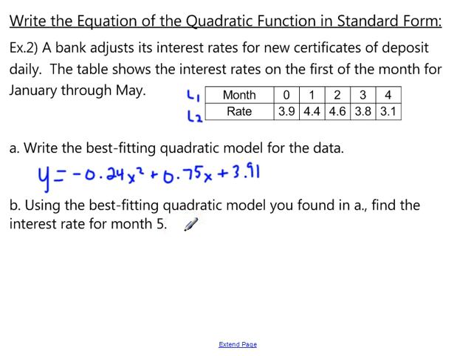It says, using the best fitting quadratic model you found in A, find the interest rate for 5 months. So remember, we used our month as our L1, which was our x coordinate. So we're just going to take our quadratic from part A and we're going to find what the rate is going to be at 5 months.